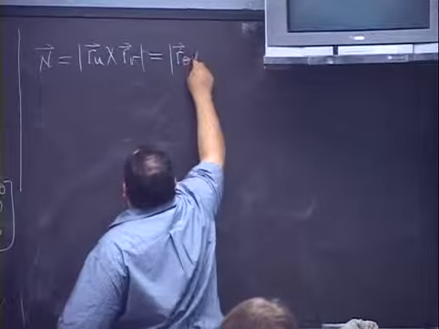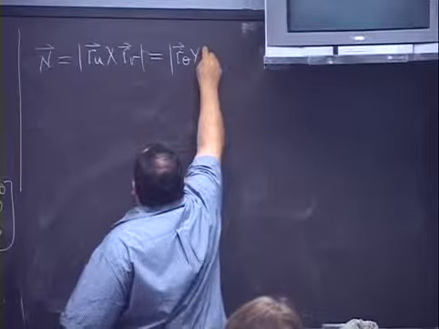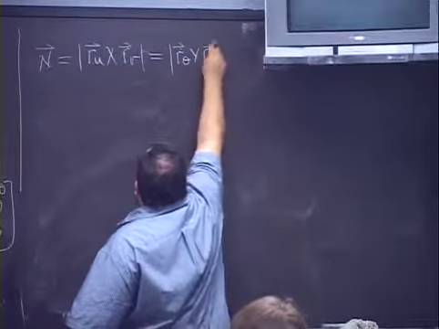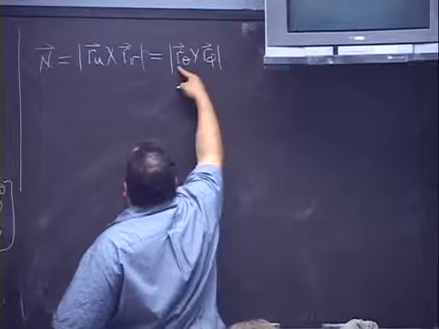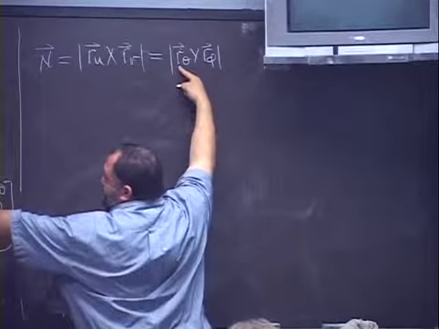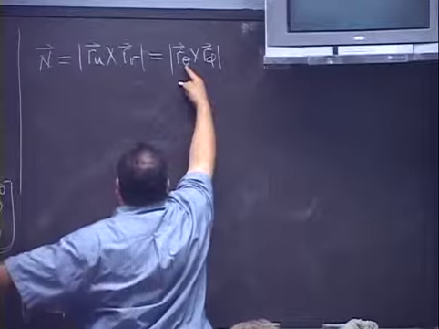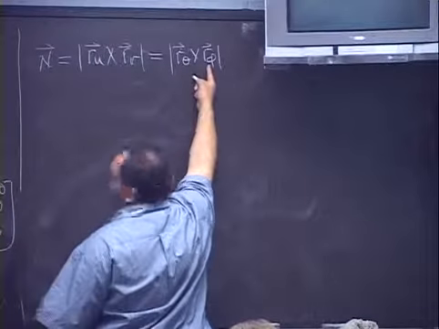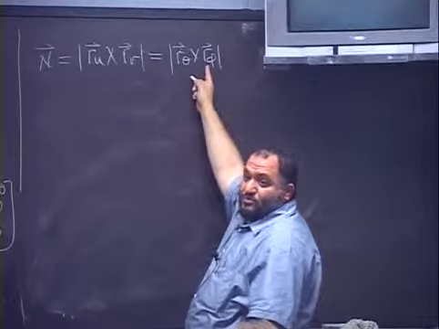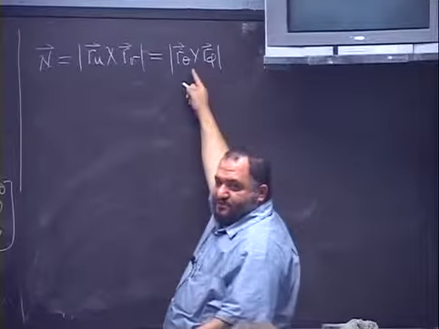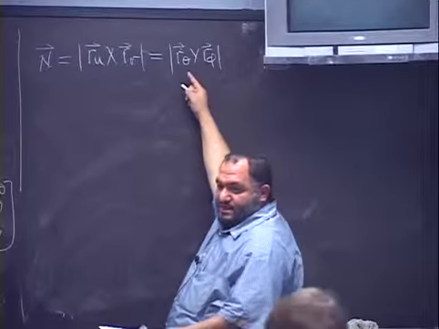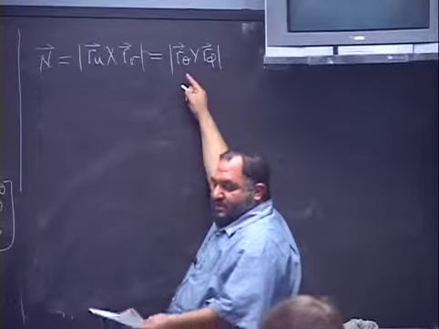Here it is r_theta cross r_phi. What does it mean? I have to differentiate the vector r with respect to theta, and with respect to phi, because this is the definition of r_u and r_v, dr by du and dr by dv.